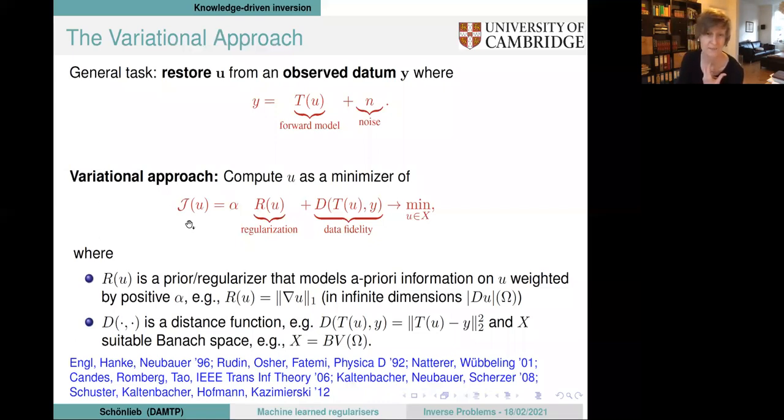And that is balanced with a regularization parameter, alpha, against a regularization term that usually captures some prior information I have about the type of solutions I want to reconstruct to my inverse problem. And it's called a regularization term because you make your ill-posed problem well-posed by adding regularity to it.